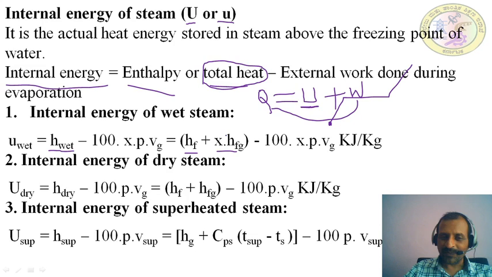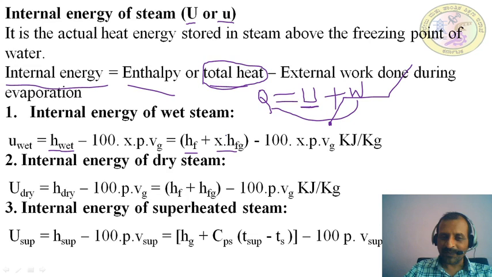The next one is steam tables and their uses. So what are the uses of these steam tables? Just now what I explained: enthalpy, entropy, specific volume, superheated properties of the steam. All these properties are required in thermodynamic calculations. What do you mean by thermodynamic calculations?